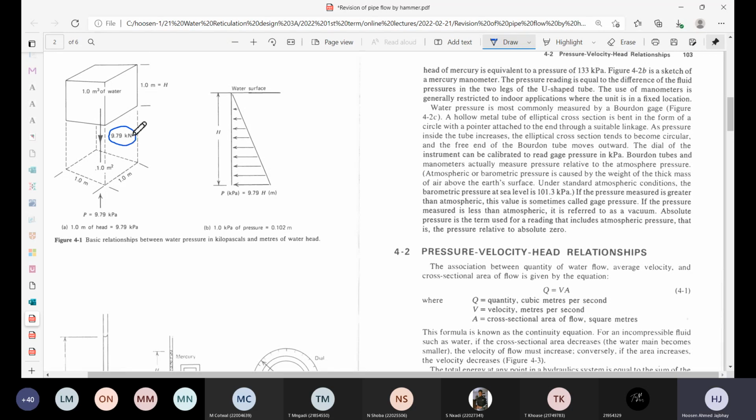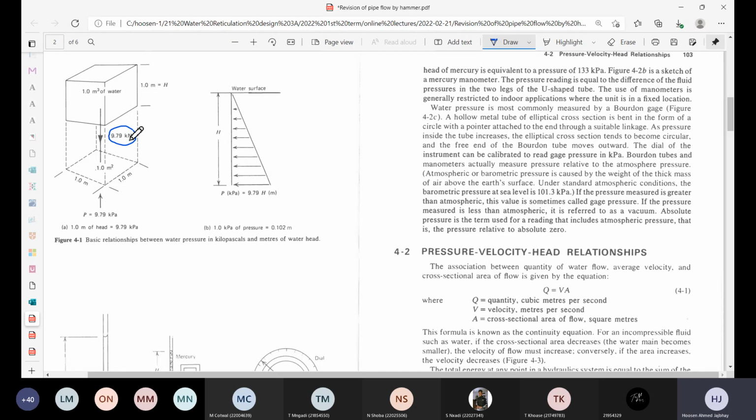And what pressure would it then exert on the ground? Pressure is simply force over area. The contact area at the bottom is 1 times 1, that is 1, so 9.79 divided by 1, and you get a pressure of 9.79 kPa. So any column of water that's 1 meter high would exert a pressure of 9.79 kPa.